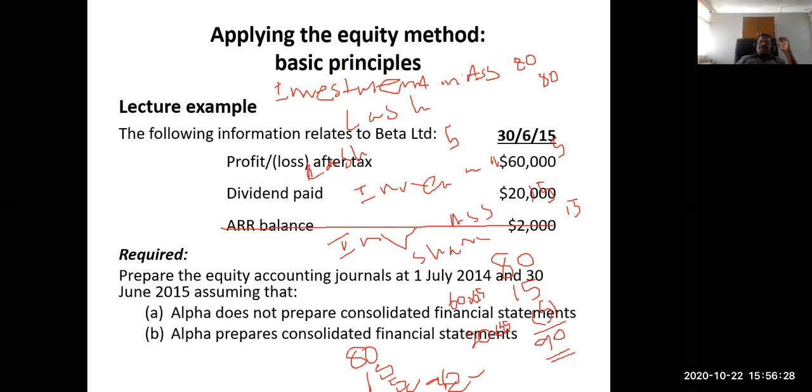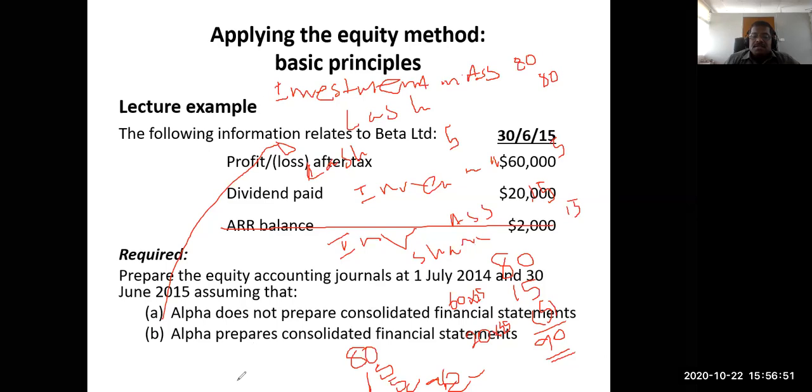Those are the 3 journal entries in the books of Alpha.